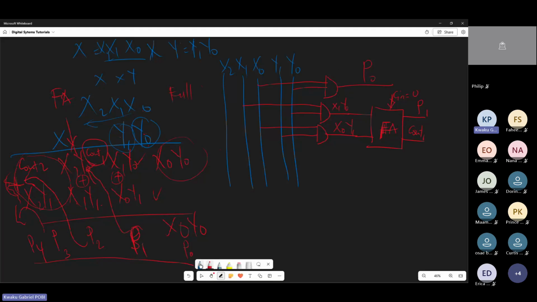So in that case, you are going to get an actual full adder with 3 inputs, X2, Y0. So X2, Y0, we have to add them, and these two guys, X2, Y0, like this. Then the next one is X1 here, X1, Y1. So X1 here, Y1 here too. You add them.